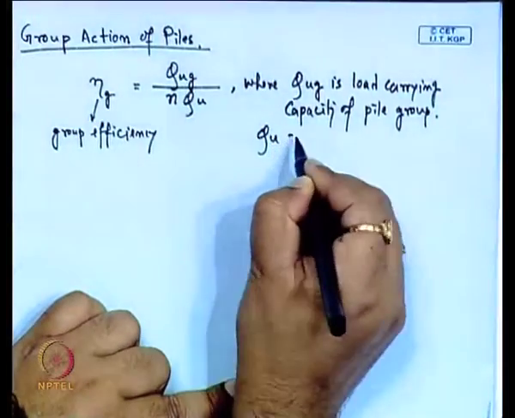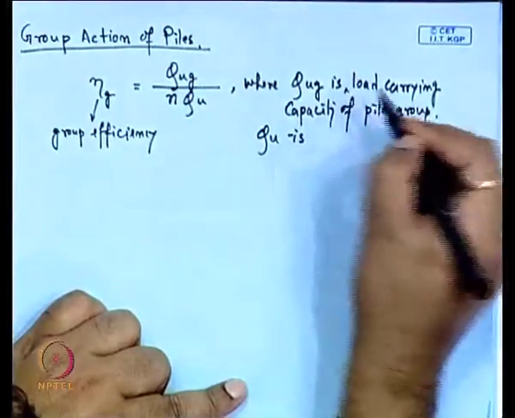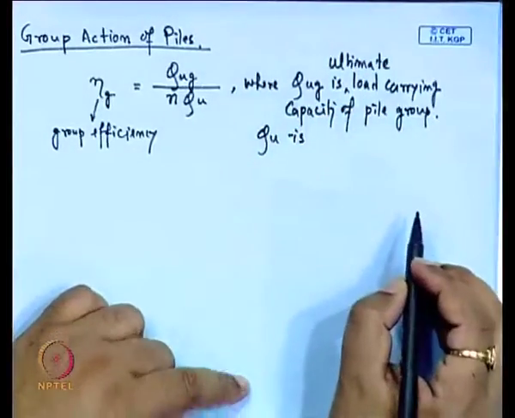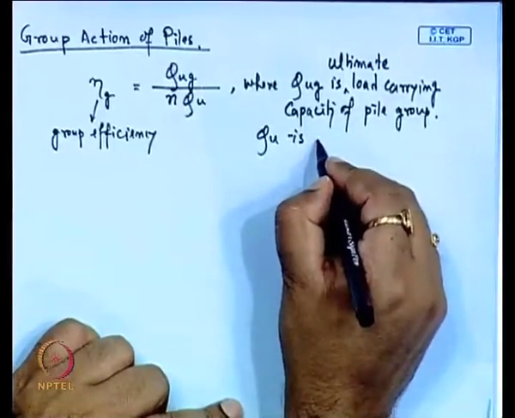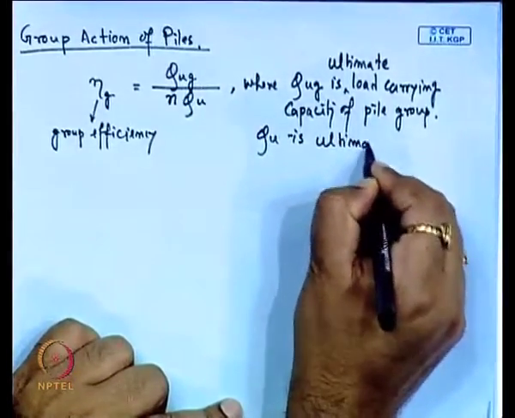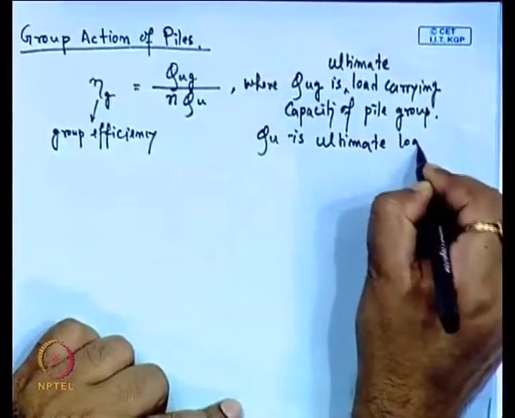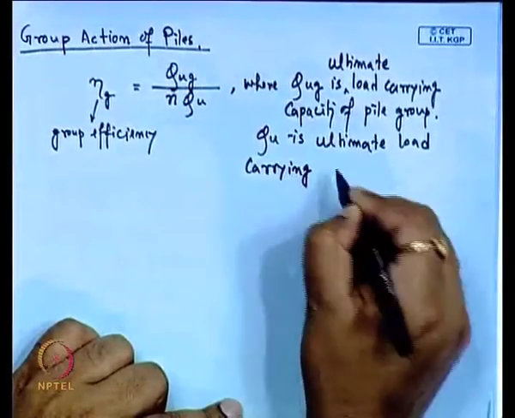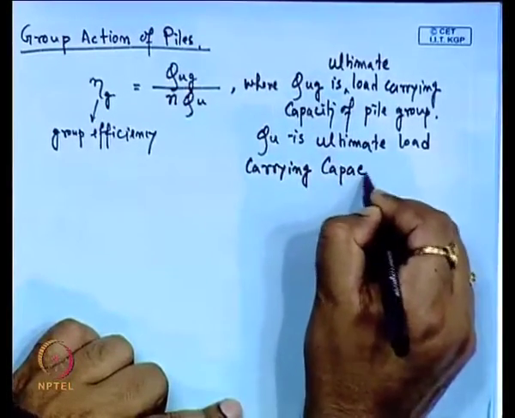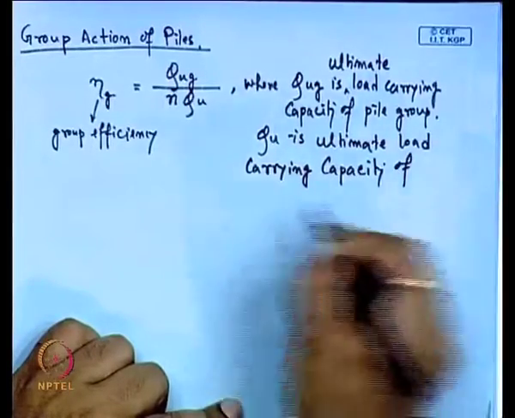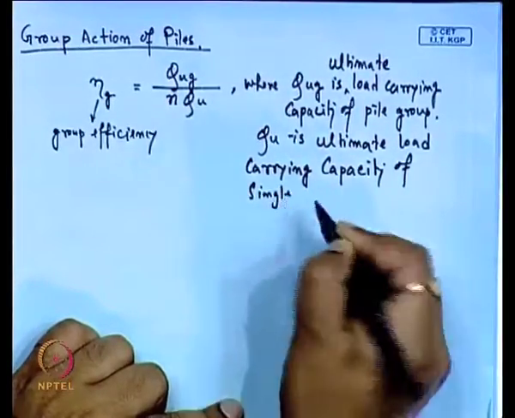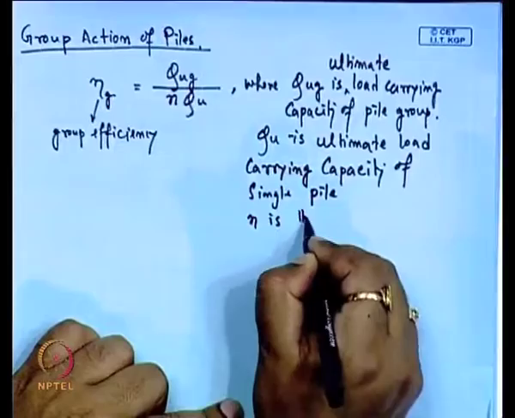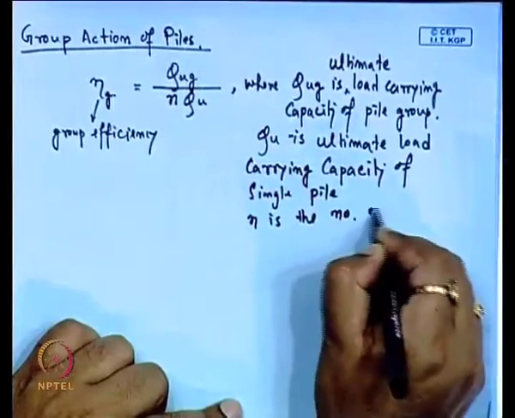and Q_U is the ultimate load carrying capacity of a single pile, and N is the number of piles.